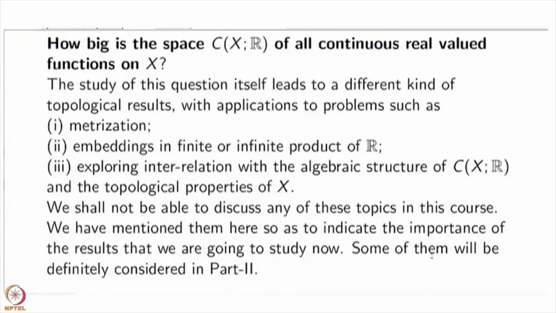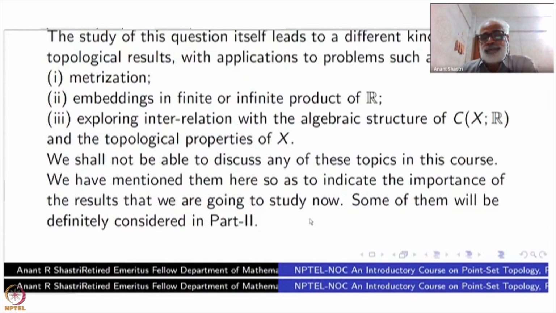So we shall not be able to discuss any of these topics in this course. I mentioned them only because of why the Urysohn characterization or Tietze's characterization is important. But some of these problems and applications will be taken up in part 2 of this course. Okay.